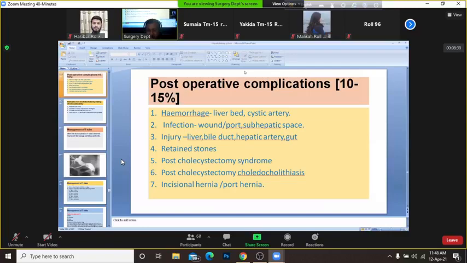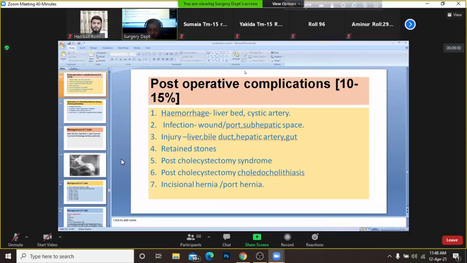This is nothing but the bile acid, and this bile acid is going to make the cholesterol go into solution. With this therapy, some very small cholesterol stones in a well-functioning gallbladder can be resolved.